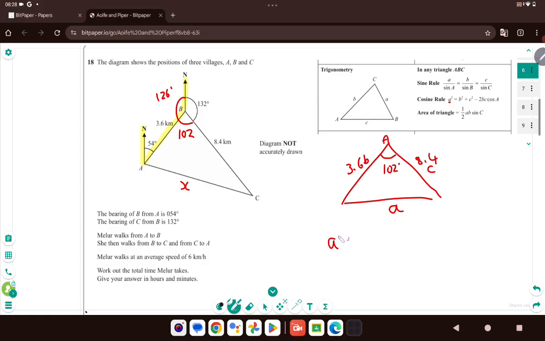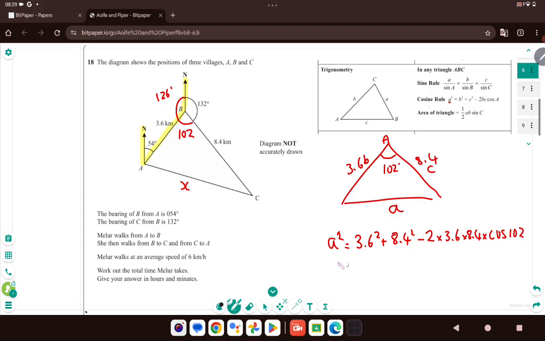So a squared equals, I'm not going to write the whole thing down, you can see it there, 3.6 squared plus 8.4 squared minus 2 times 3.6 times 8.4 times cos 102.